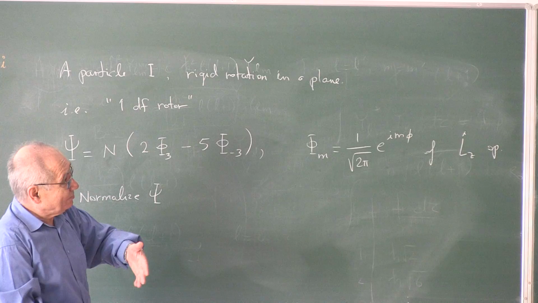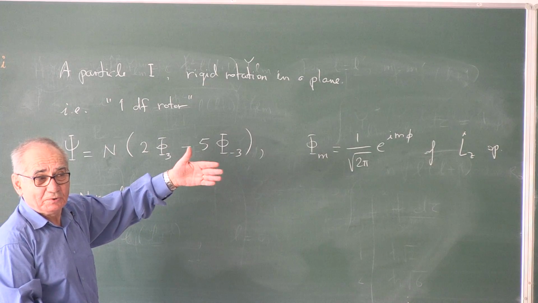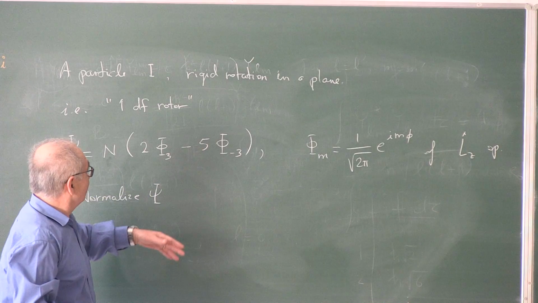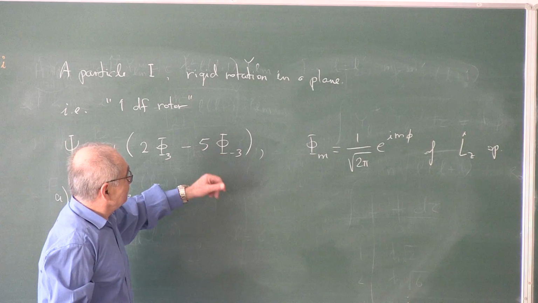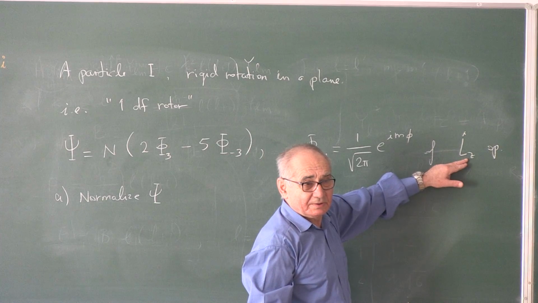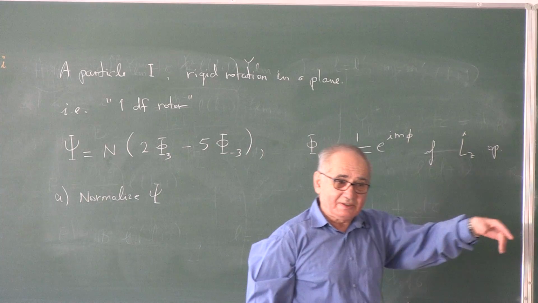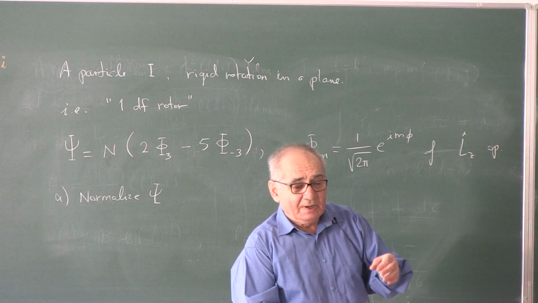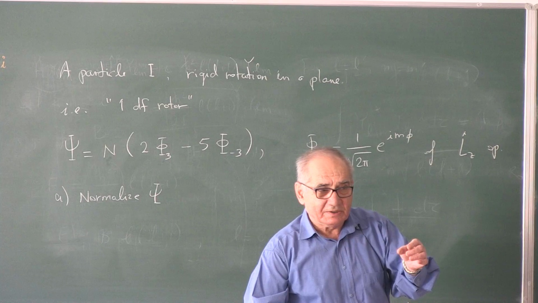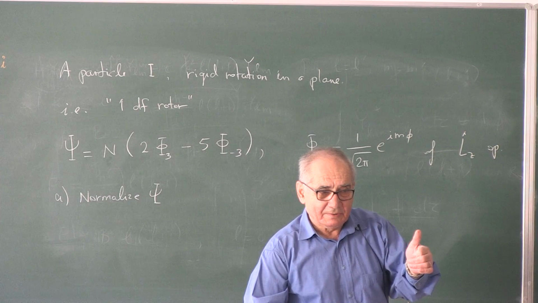But it is not necessary to do any explicit integration because these functions are eigenfunctions of LZ operator. And as we just discussed during the last hour, eigenfunctions of a quantum mechanical operator are orthogonal.